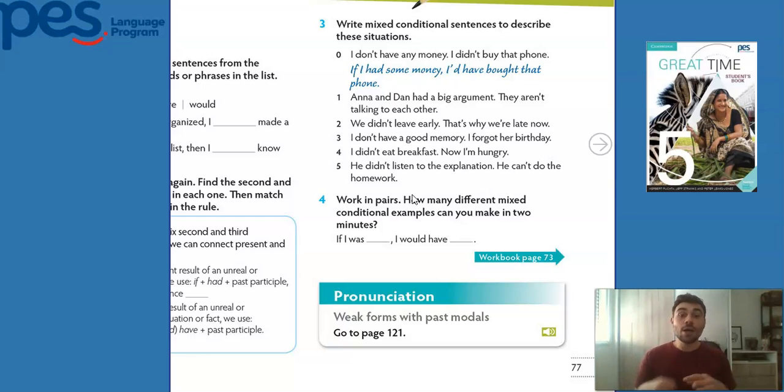You need to set up 2 minutes, and you need to think of as many mixed conditional sentences as you can in these 2 minutes. And then you can use this prompt over here. So, if I was, I would have. Or you can change it: if I had been, I would be. Okay? But if you want to continue and challenge yourself.